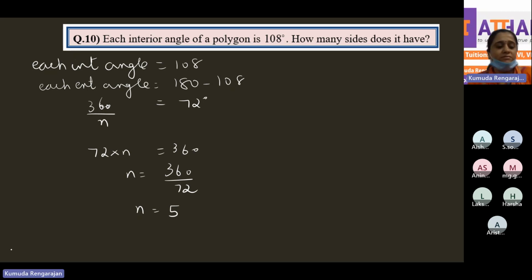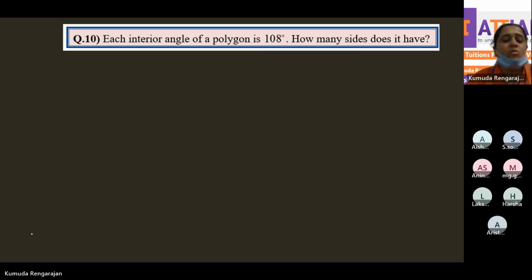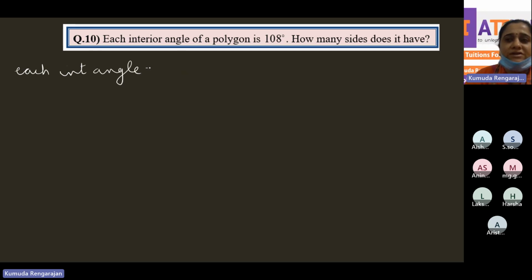See, I'll do this again. What is the measure of each interior angle? 108. Then what will be the measure of each exterior angle? 180 minus 108, which is 72 degrees.